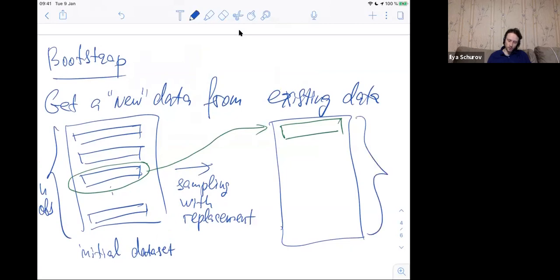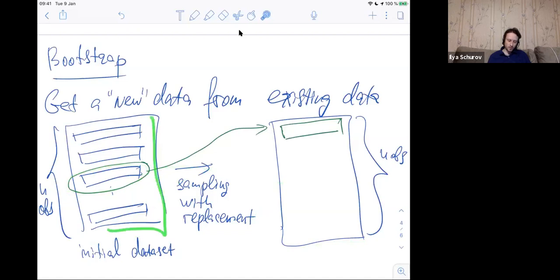So I want to make n observations here, the same number of observations in my new data set as in the initial data set. And during this sampling, it is possible that I pick the same observation twice, or 3 times, or 4 times.